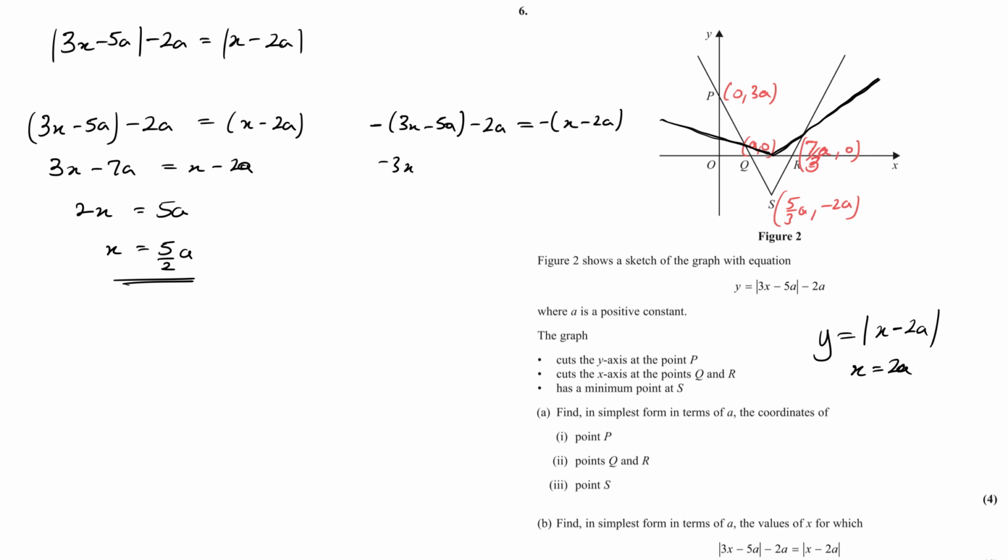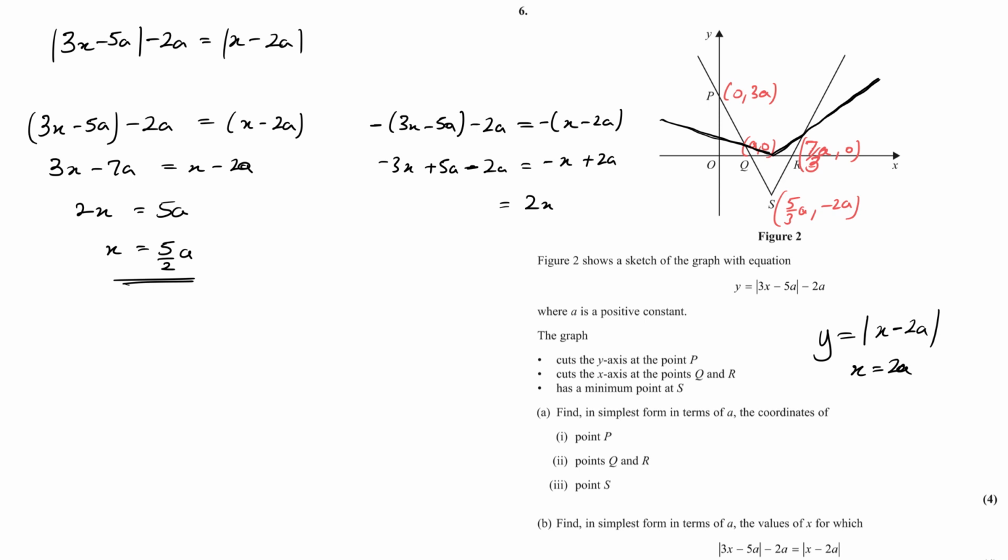So minus 3x plus 5a minus 2a equals minus x plus 2a. So if I add 3x to the other side, I'd get 2x.